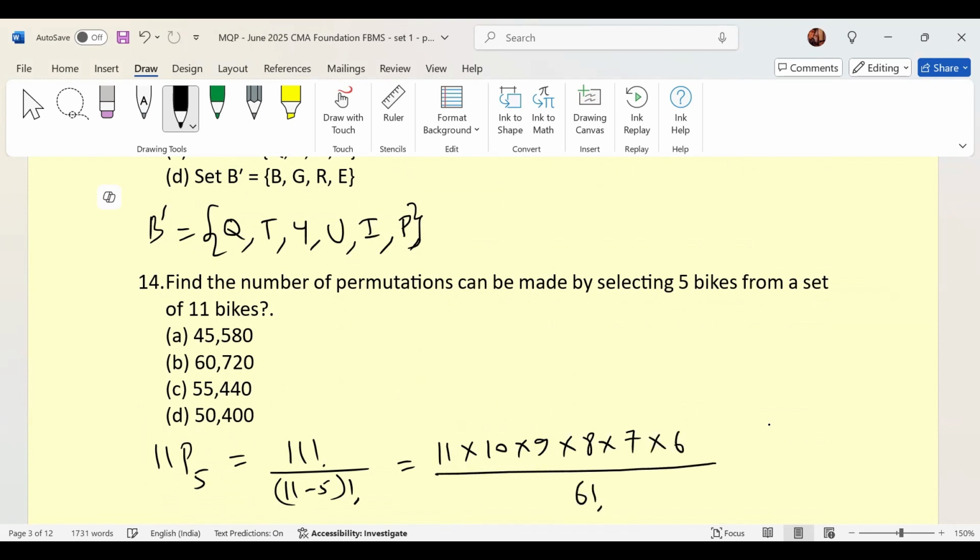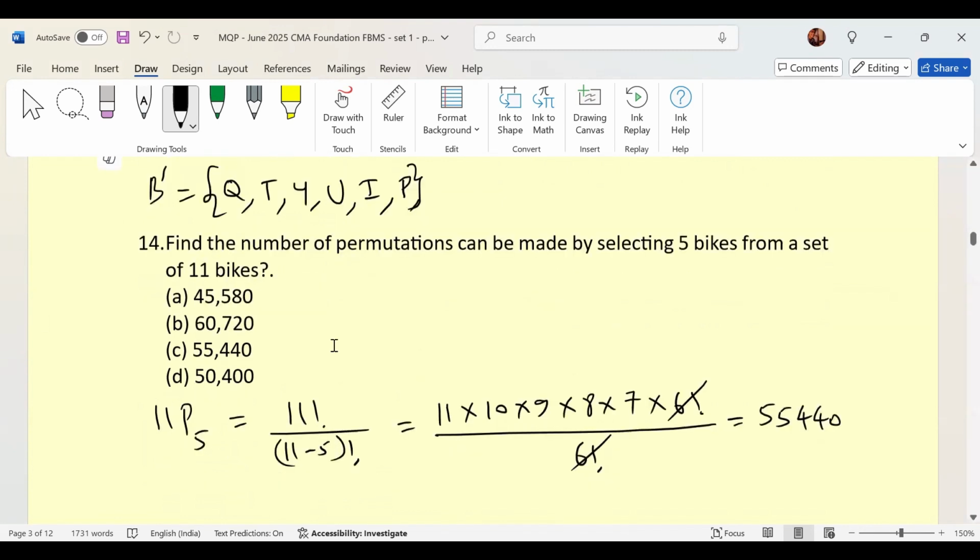So we will stop here with 6 factorial so that we can cancel this and this. Now if we multiply this, we will get 55440, which is our option C.